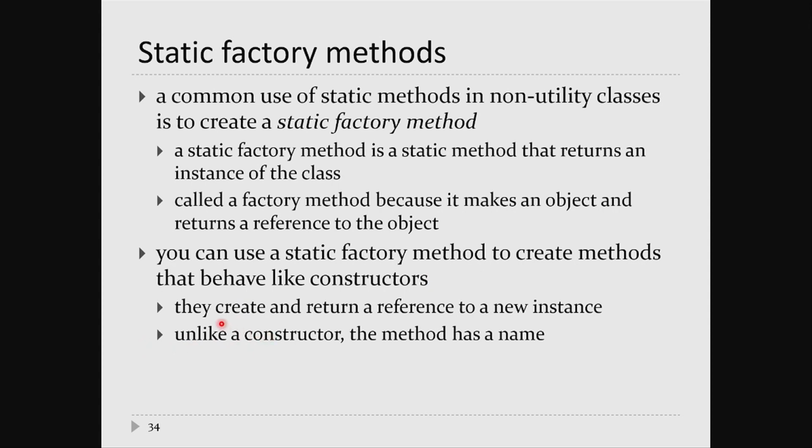So they're like a constructor in that they end up creating and returning a reference to a new instance. You make a new object, and it returns the new object back to the caller. Now, the big difference between a static factory method and a constructor is, unlike a constructor, the method has a name. And that lets you put as many of these things as you want into your class.